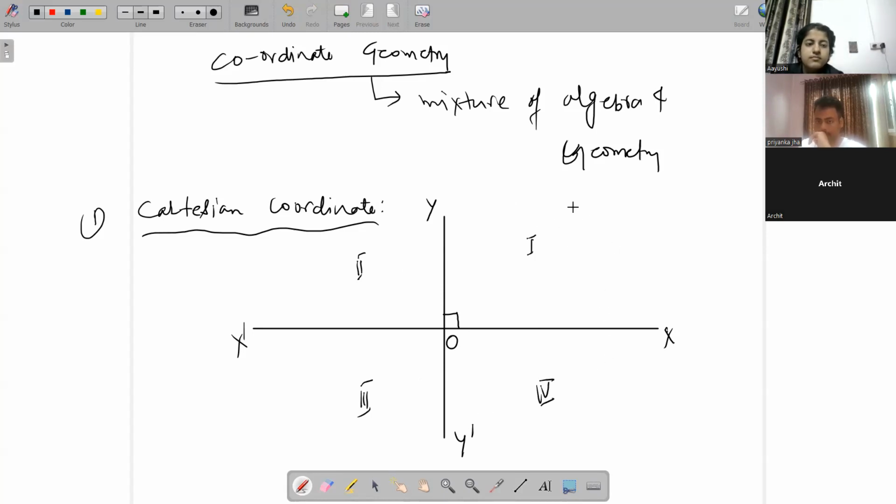Any point that we can mark here will have two coordinates. Suppose you draw a perpendicular line from P to here. Suppose this is point M. So OM is called abscissa.